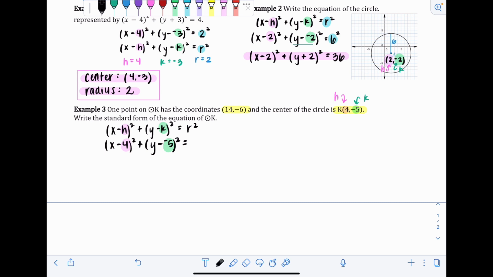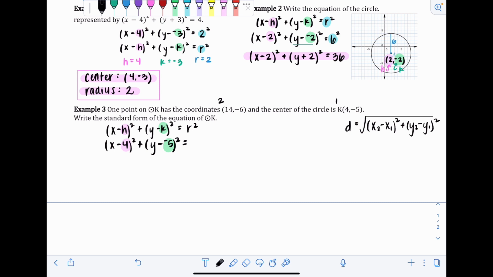So the distance formula is d equals the square root of (x2 minus x1) squared, plus (y2 minus y1) squared. It doesn't matter which point you make x1, x2, and so on. Just pick one. So we'll say this is my point 2, and this is my point 1.